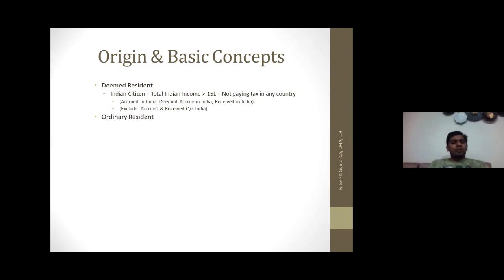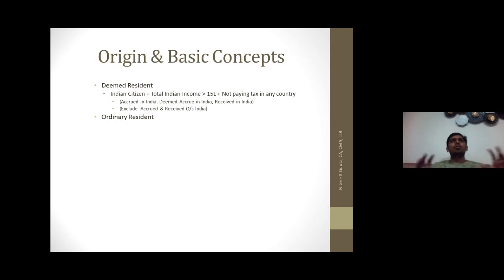So, what is ordinary resident? Resident has two types, as I just told. One is ordinary and one is not ordinary. Once you are a resident, then we will see whether you are ordinary resident or not ordinary resident.